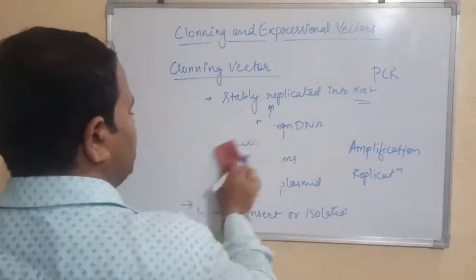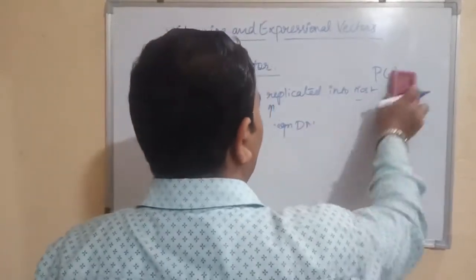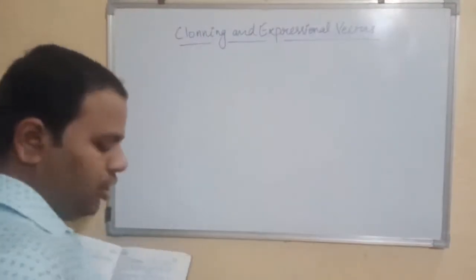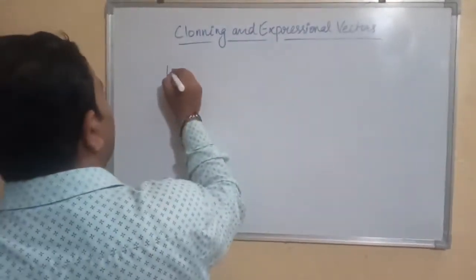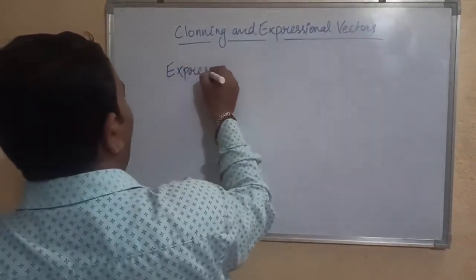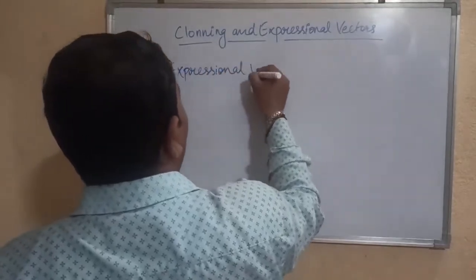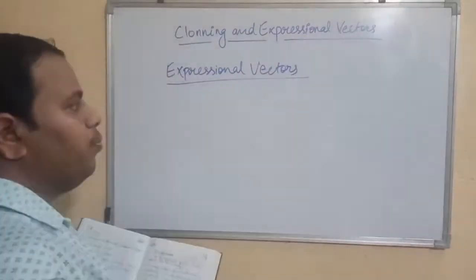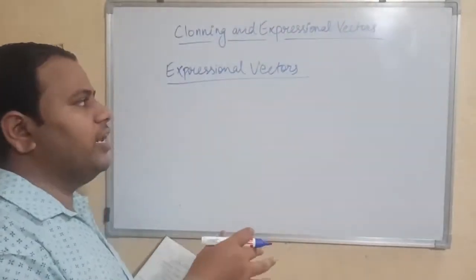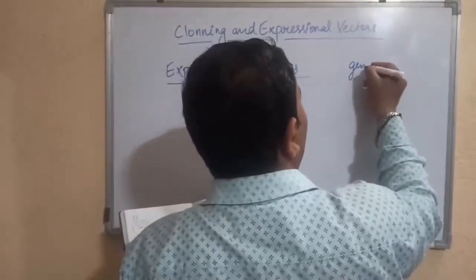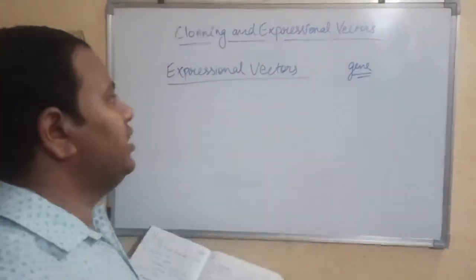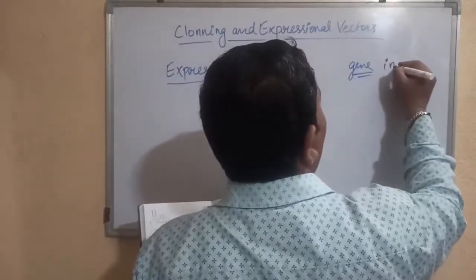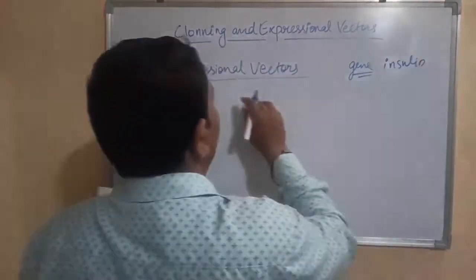So now let's see what is the expressional vector here. Expressional vector, on the other hand, as the name suggests, will be used for expressing a particular fragment. When we put our target DNA in this, target DNA means it can be a gene, that will be expressed inside the host cell when we put this expressional vector in the host.